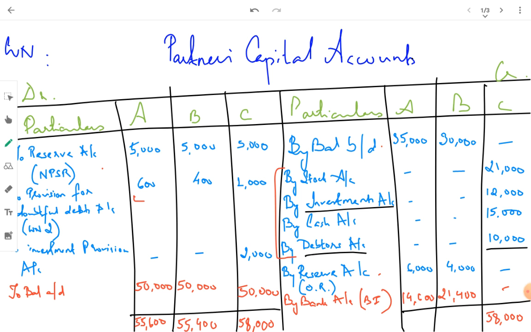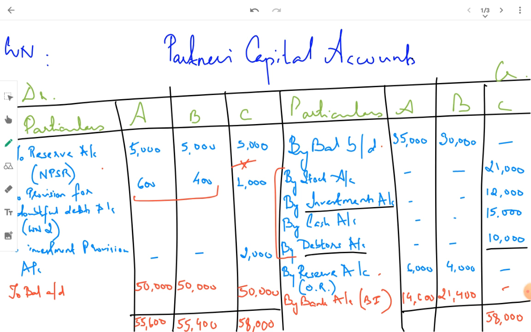This is based upon our old provision and adjustments with the old provision, and this rupees 1,000 is with regards to the debtors of partner C himself. And additionally, investment provision was also there, but only partner C had investments, so we are only giving the provision for partner C.